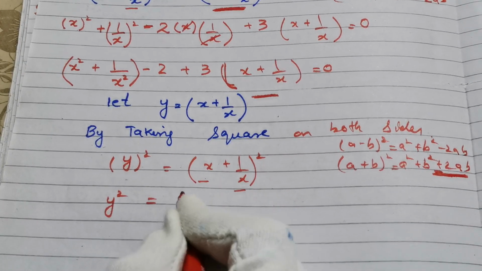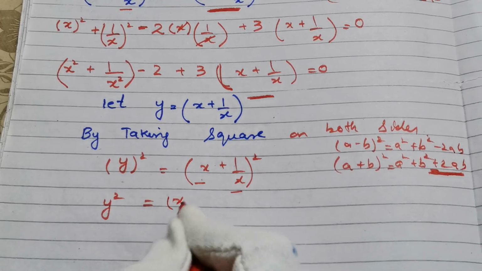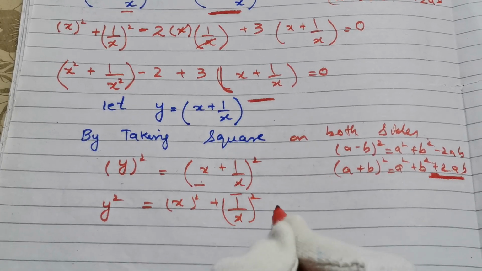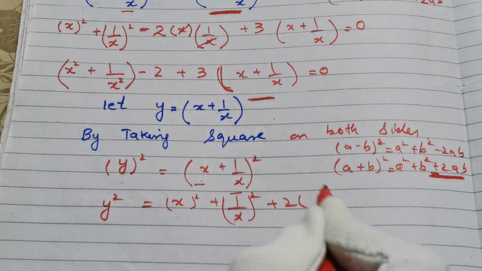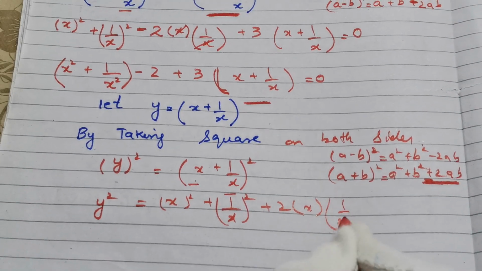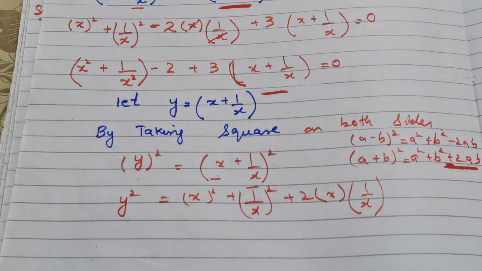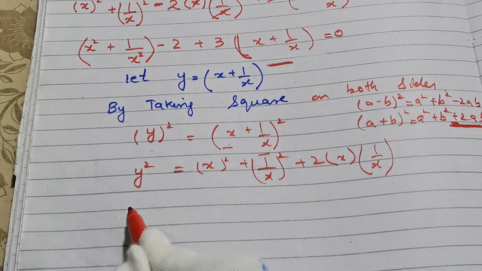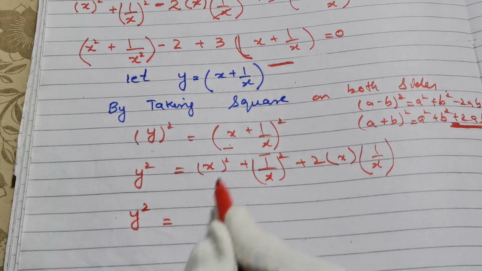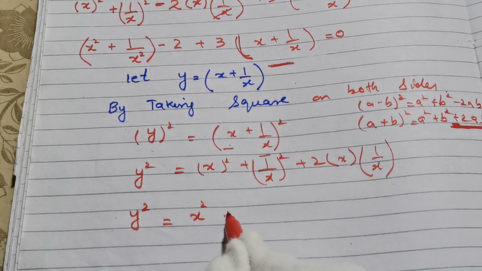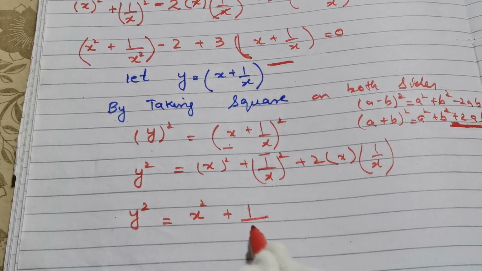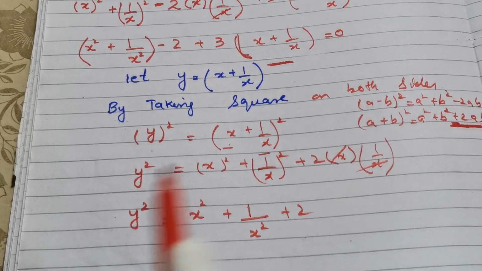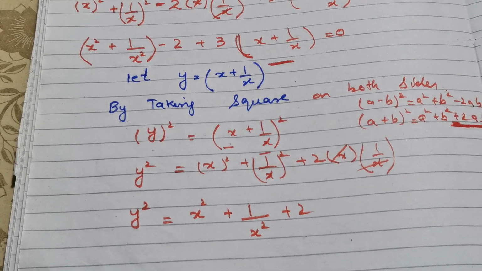So a is x and b is 1 by x. Now y square is equal to x square plus 1 by x square plus 2, as x and x cancel each other.